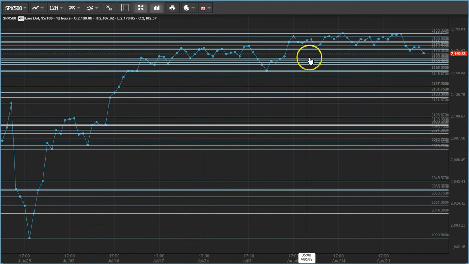But up here, we've got maybe distribution, maybe reaccumulation. If you're short on this thing right now, you're loving it. But if it doesn't keep going down, it's going up, and you've got to have the buy limit strategy. Of course, right now you're running buy stops if you're trying to get long.